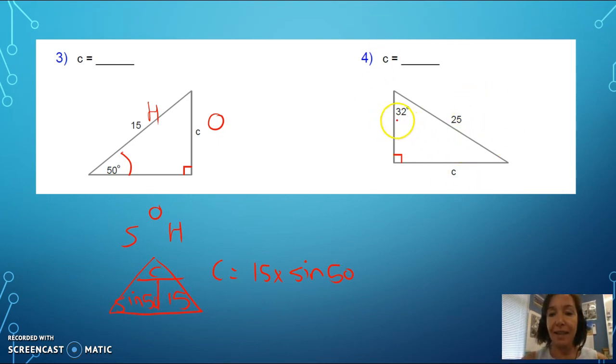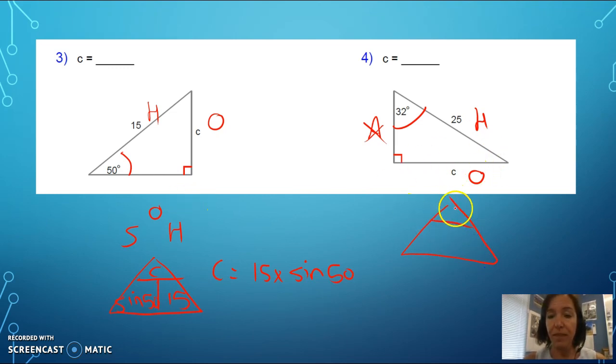And in this case, there is my angle. My opposite is C, and my hypotenuse is 25. This is my adjacent. Do I need it? Do I want it? No, I don't have to worry about it. So here I've got O and H again. It's sine. I've got my SOH there, so let's just do a big triangle with all of this information.